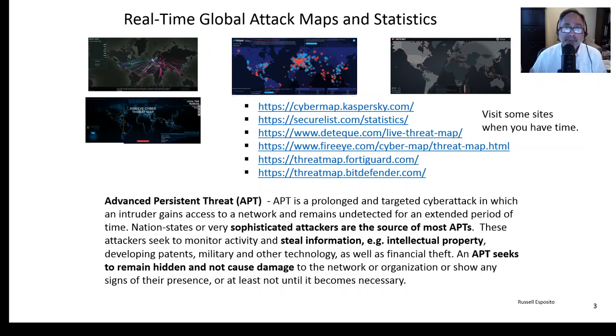It doesn't try to damage anything or corrupt any data. It just tries to spy on your company, collect intellectual property, whatever it is they want to monitor. So they hide very deep in your system, hard to find. They don't try to damage anything. They want to stay hidden because they want to spy. So you might want to look at these sites when you get a chance. They're kind of interesting. FireEye is a good one. There's a number of good ones.